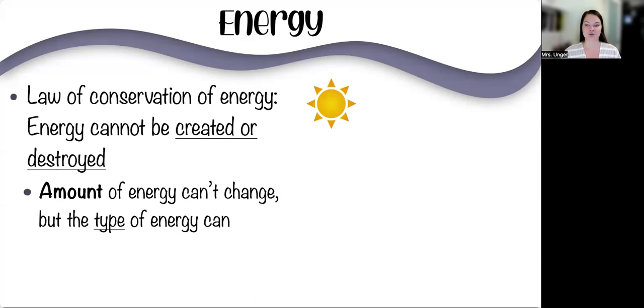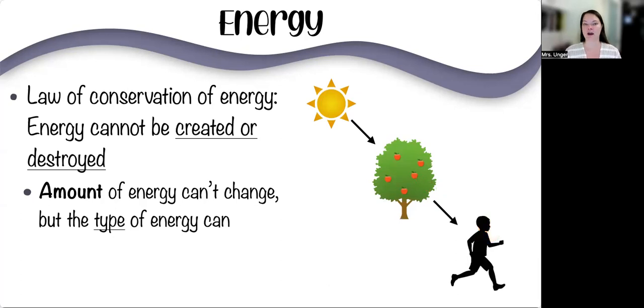In photosynthesis, we're taking solar energy, and that is getting converted into the chemical energy of plants growing, right? They're going to use that energy to help them build really complex molecules. And then we can take that energy and break it down for our everyday activities when we're running or just maintaining homeostasis.